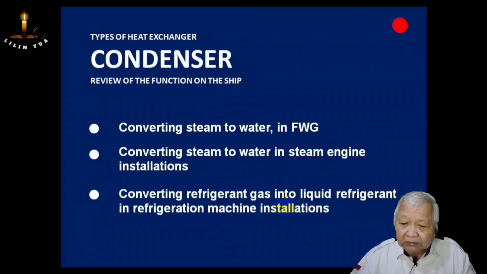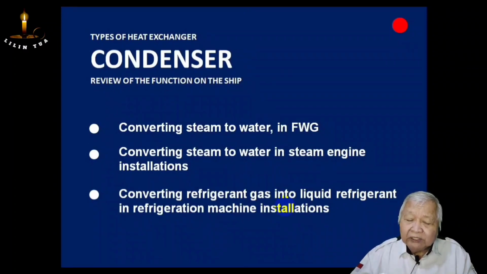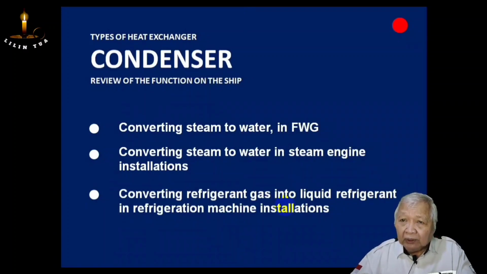And second, we can also find condensers in the steam engine installation, maybe in a steam turbine. We can find many kinds of condenser, mainly the main condenser or auxiliary condenser.